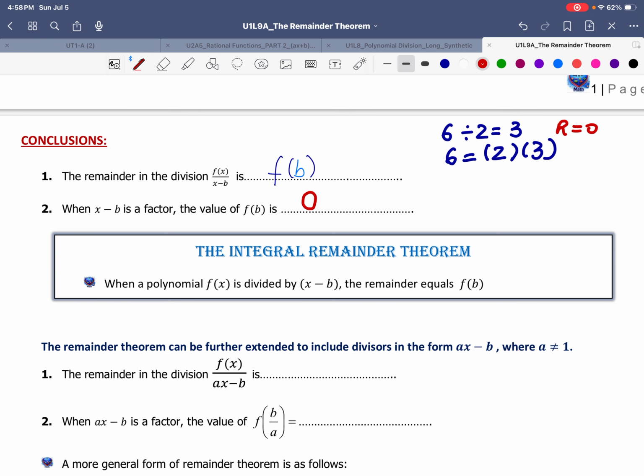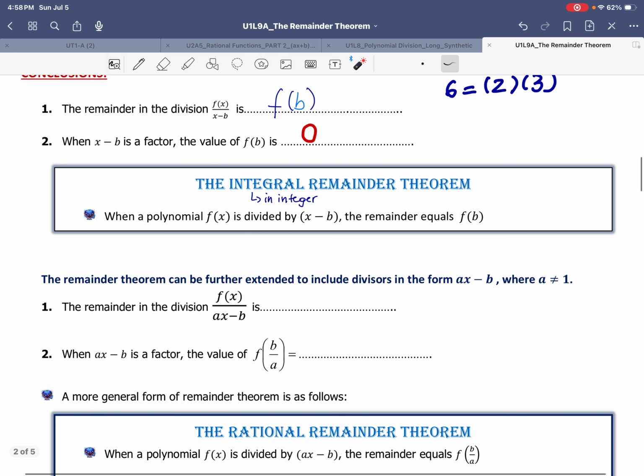Now, if a polynomial f of x is divided by x minus b, the remainder equals f of b, and we call it by another name, the integral remainder theorem. This is not the integral that we use in calculus. Integral means in integer form or coming from integers, and that is because b will be an integer, a negative, a positive, or a 0.